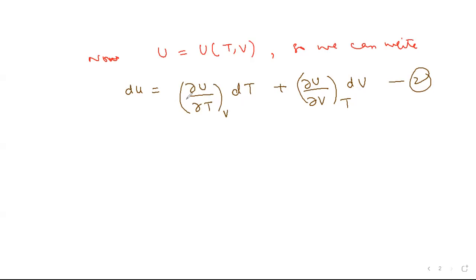So just your knowledge from your previous course in thermodynamics, right? So it is dou u by dou T at constant V dT plus dou u by dou V at fixed temperature dV.